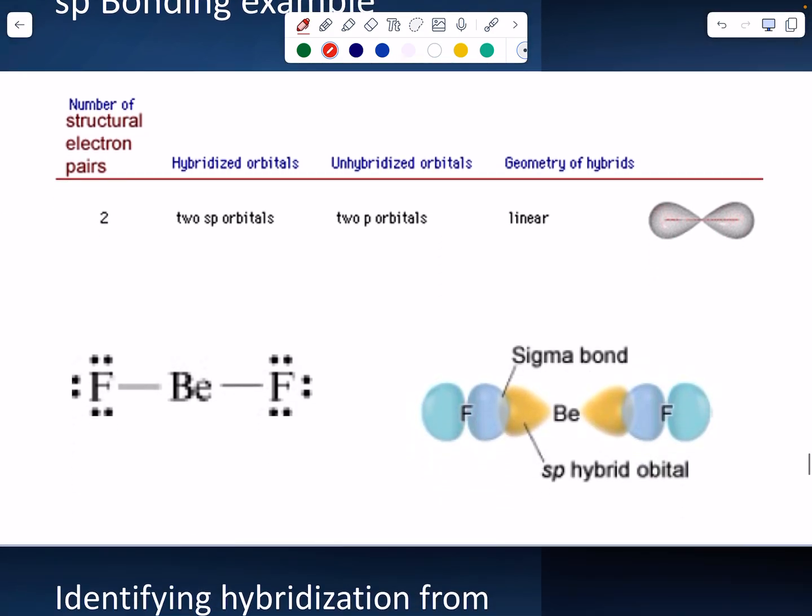And this is just an example where we have 2 regions of electron density around our central atom. So this is sp hybridization. And again, these things are our sigma bonds.